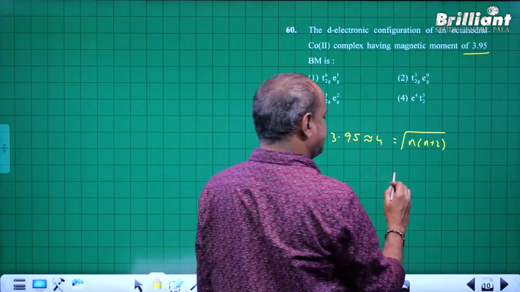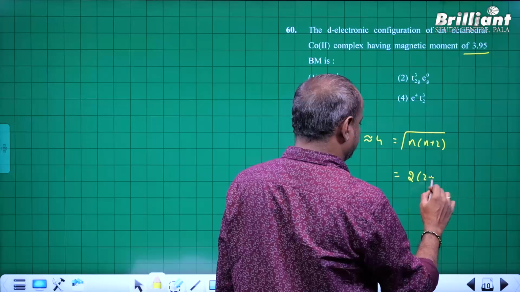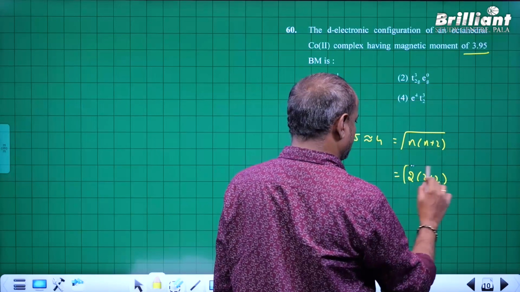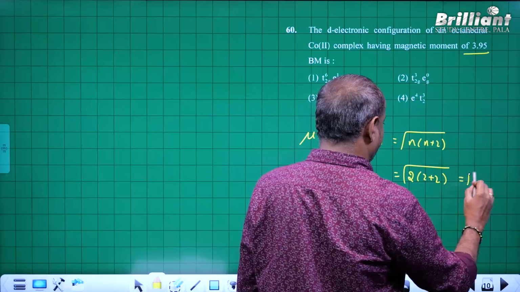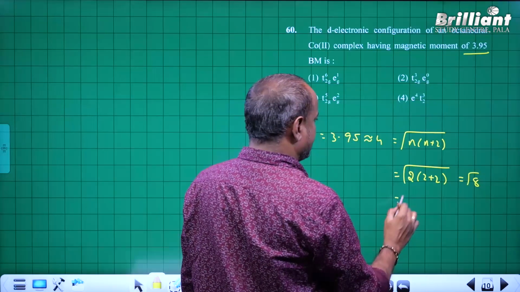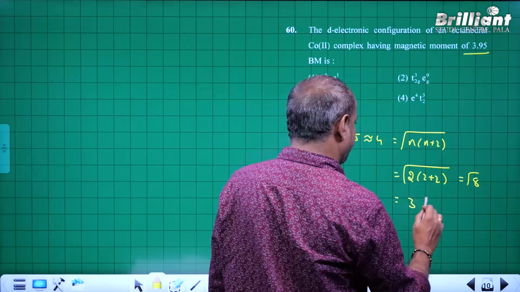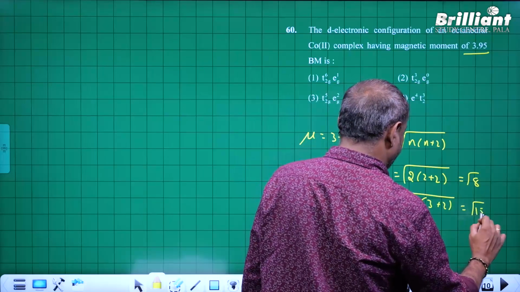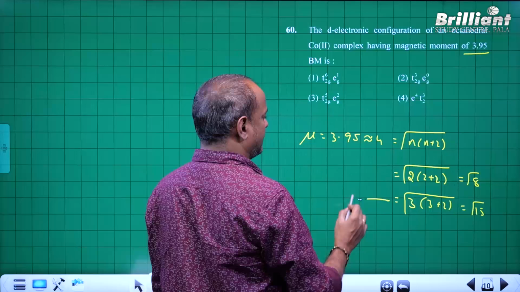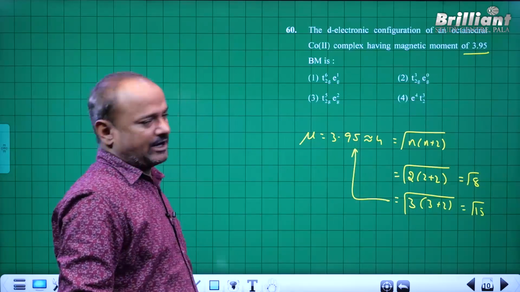Suppose we take 2 electrons, 2 into 2 plus 2, root 8. 3 electrons, root 15, equal to nearly 3.95.